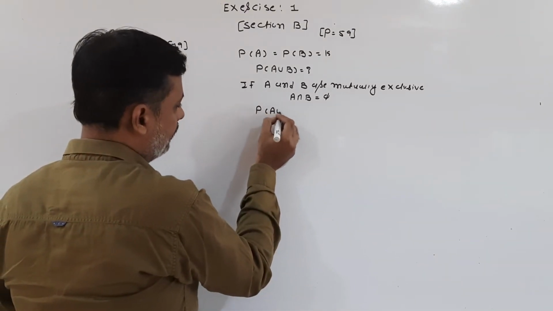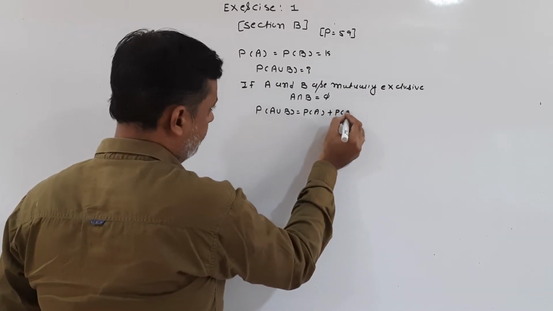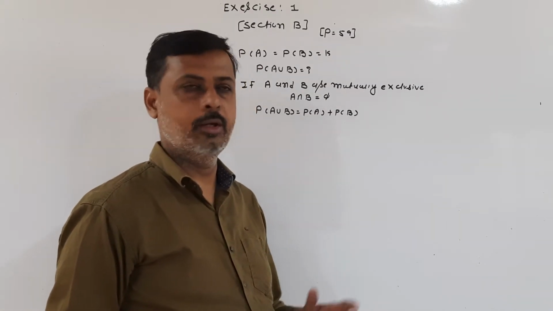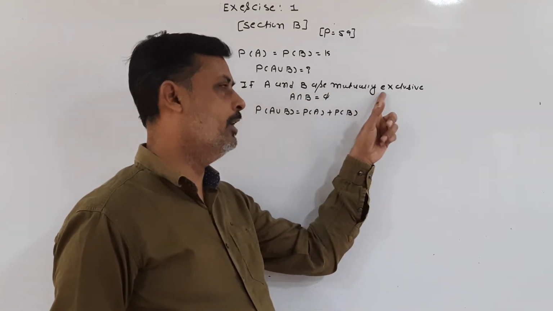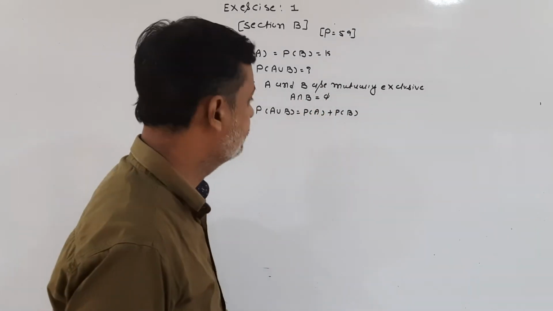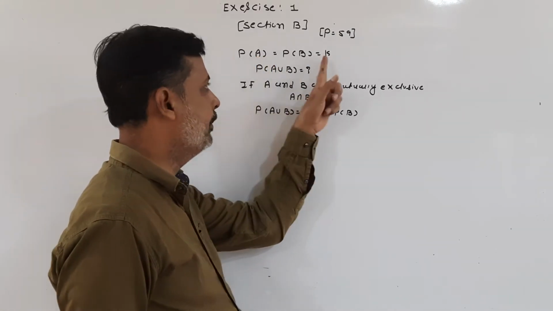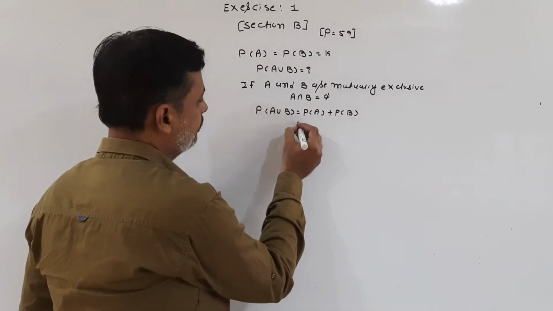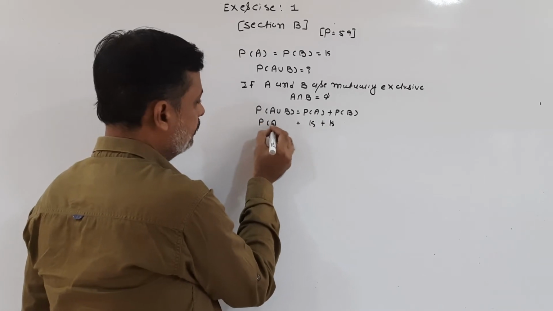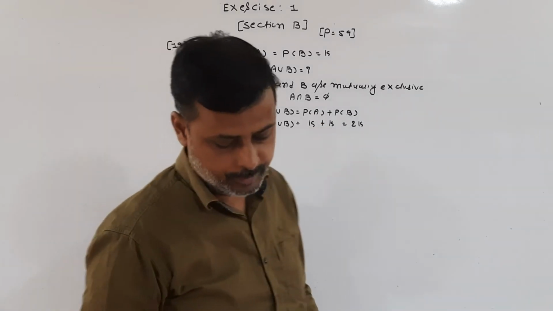A union B is P of A plus P of B, minus P of A intersection B will not apply because A and B are mutually exclusive, so A intersection B is equal to phi. Now P of A is K and P of B is K. So K plus K becomes 2K.